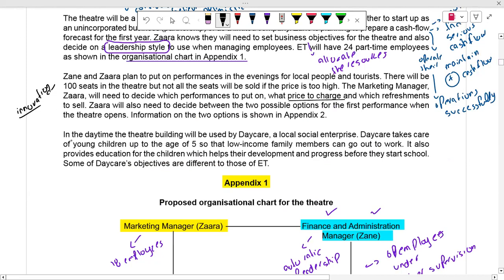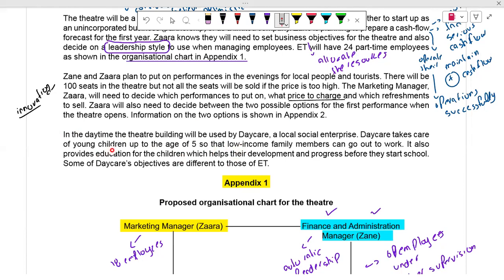As you can see, in the daytime, the theater building will be used by a daycare, a local social enterprise. Daycare takes care of young children up to the age of 5 so that a low-income family member can go out for work. It also provides education for the children, which helps their development and progress before they start school. So we can write the two objectives, or choose one objective from both.